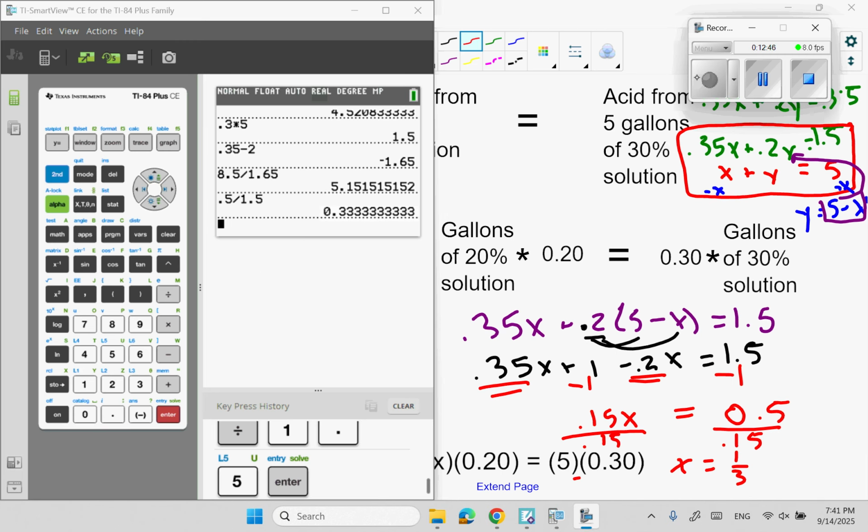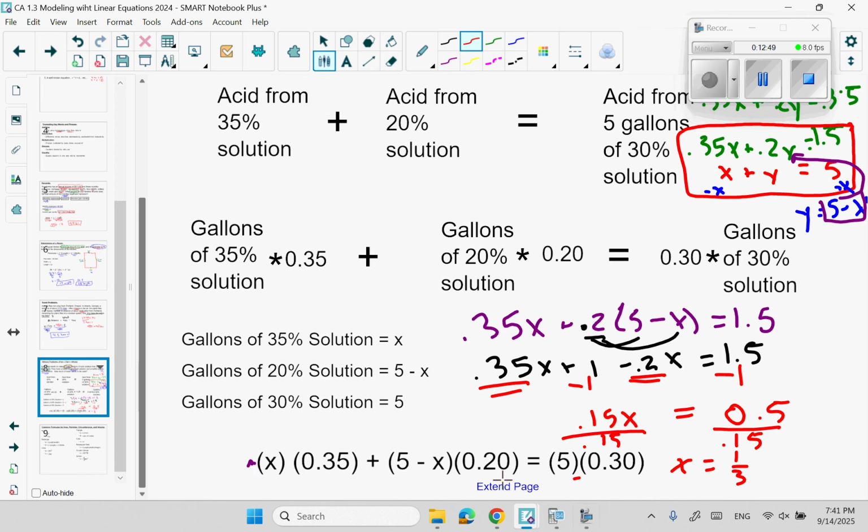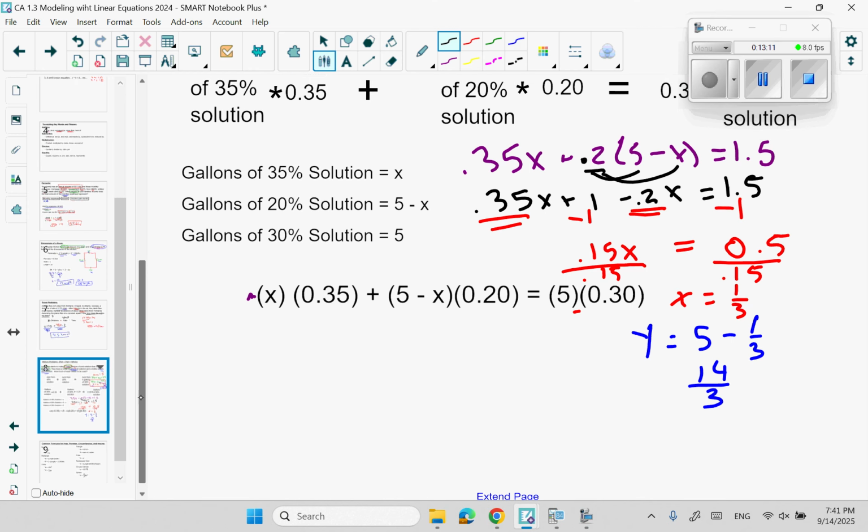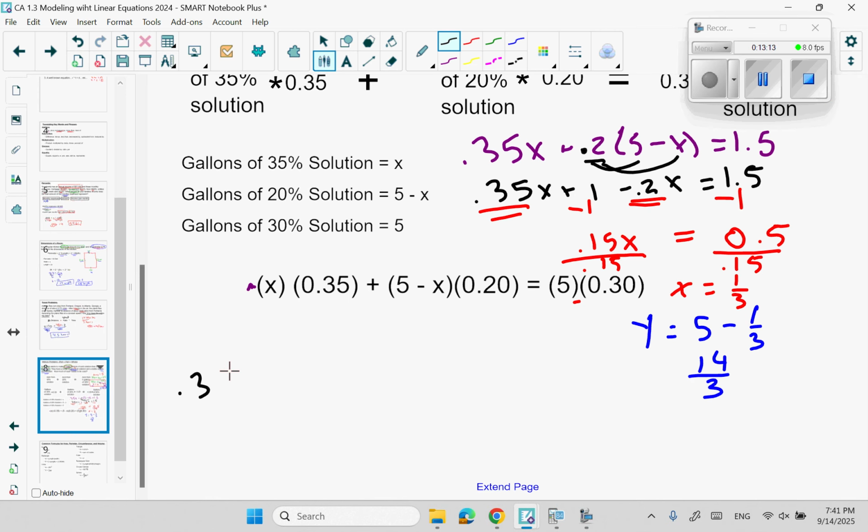And therefore, y would equal 5 minus 1/3. So 4 2/3 or 4.6 repeating, or let's see, 13/3 or 14/3. 14/3. We can, of course, test this with our bottom equation. So 0.35 times 1/3 plus 0.2 times 14/3.